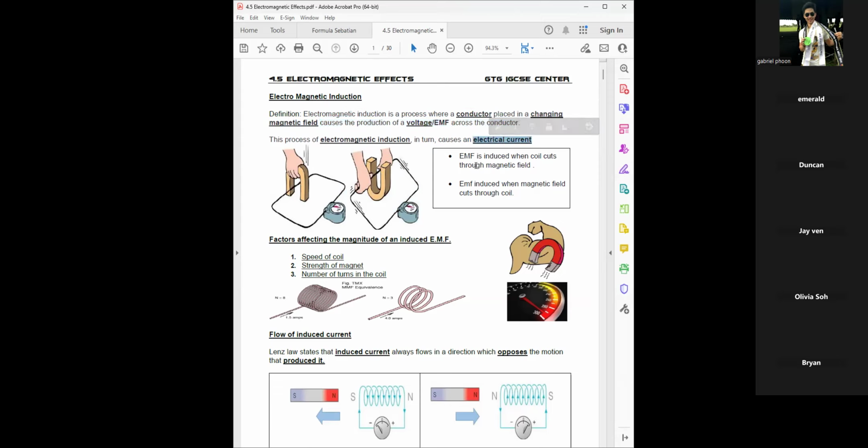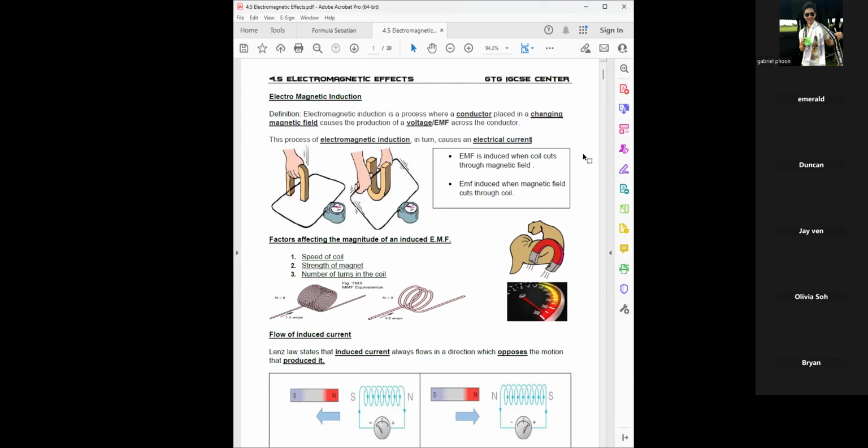So in your exam, sometimes they'll ask you to define electromagnetic induction. You have to mention that a conductor is constantly cutting through the magnetic field, producing EMF and then current. The keyword is you must always produce EMF first, then only current will flow.